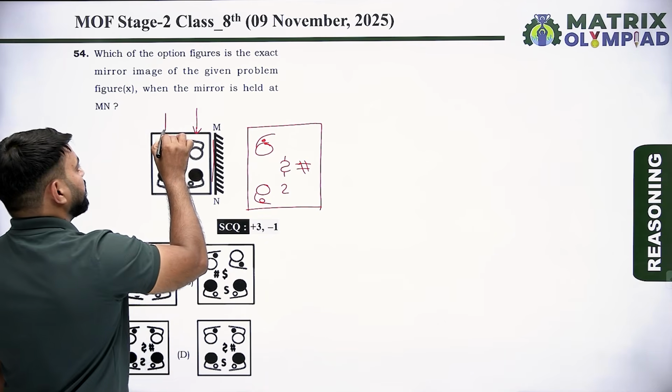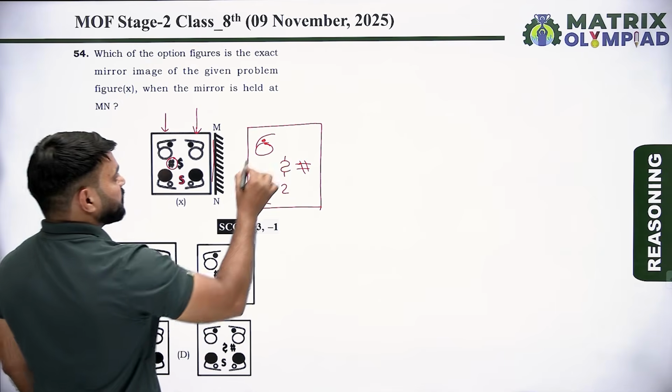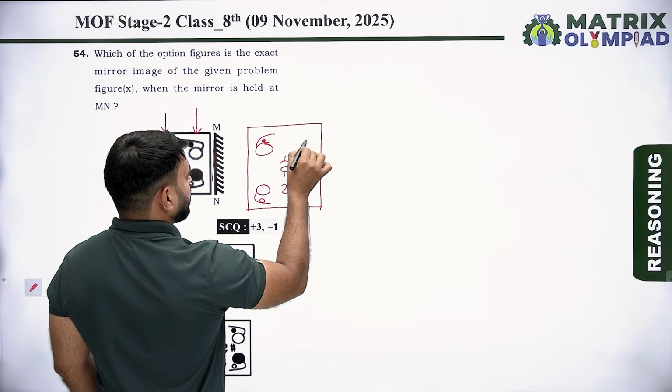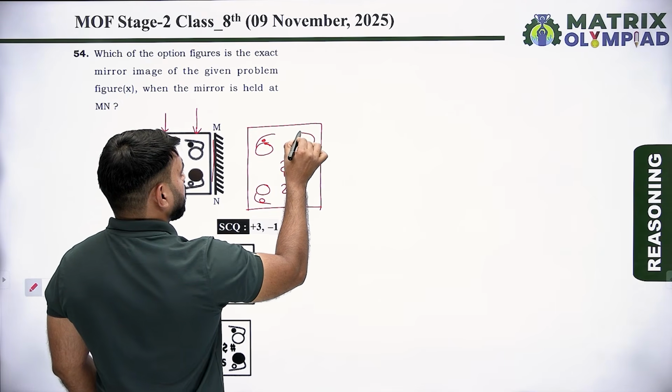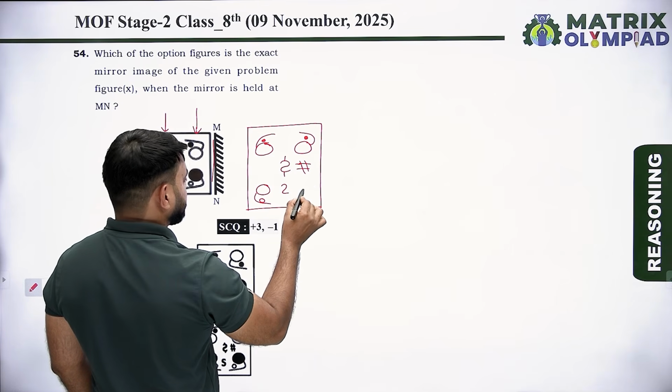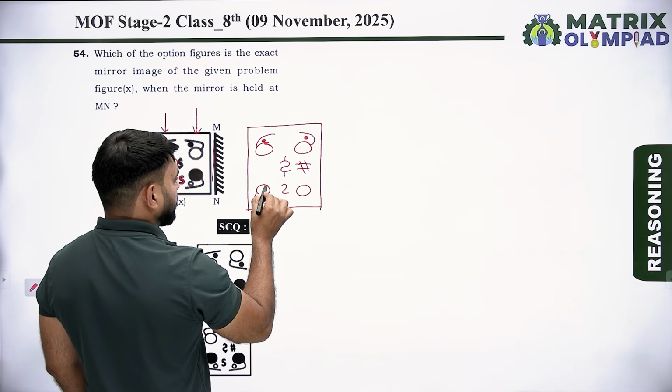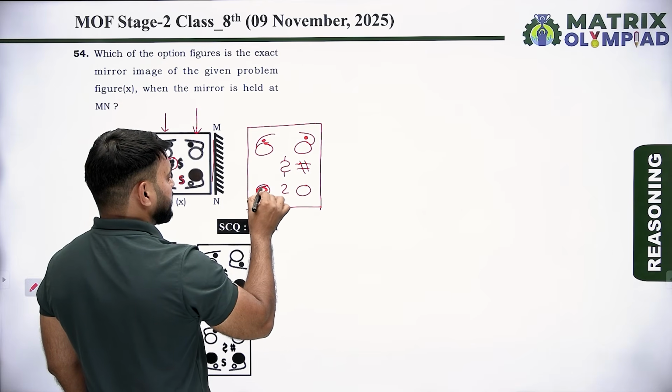And now find the mirror image of this part. So the mirror image of this part will look something like this. This is the shaded part.